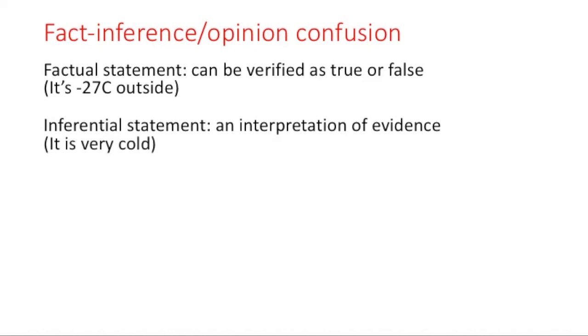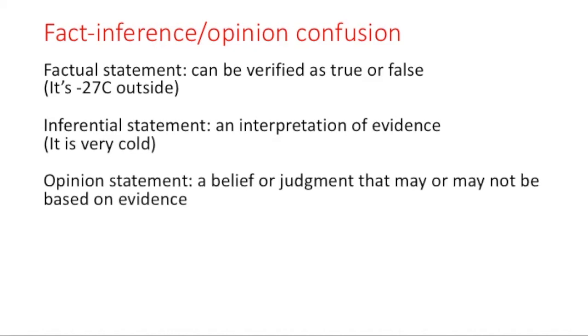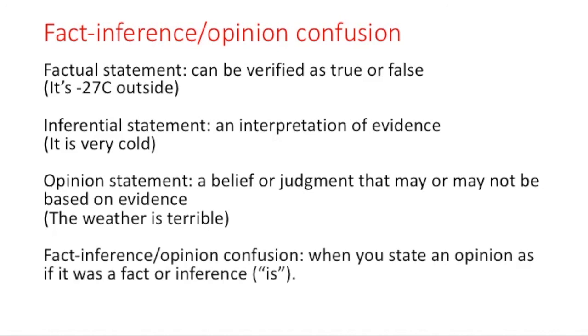Something like, "it is very cold." An opinion statement is a belief or judgment that may or may not be based on evidence. "The weather is terrible." Fact, inference, opinion confusion is when you state an opinion as if it was a fact or inference.